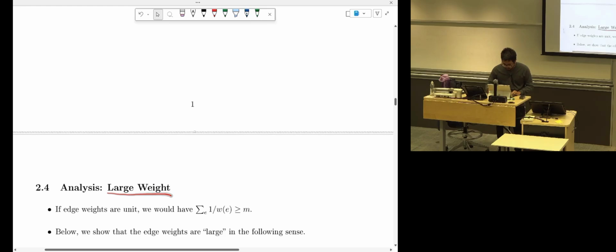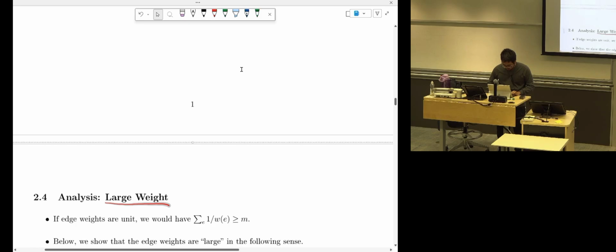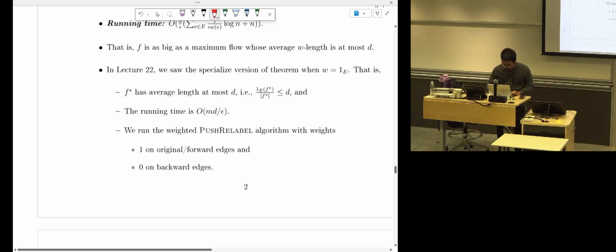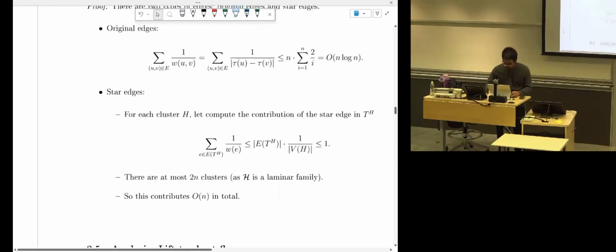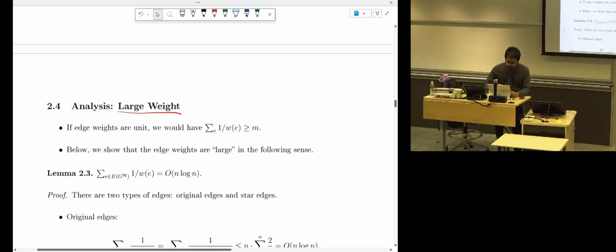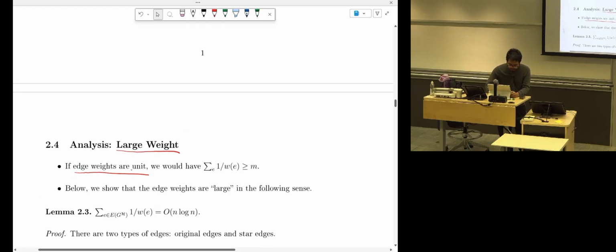The weights that we assign are quite big because, for example, if the edge weights are just unit, suppose that I put 1 unit of weight on every edge, then this sum would be at least m.